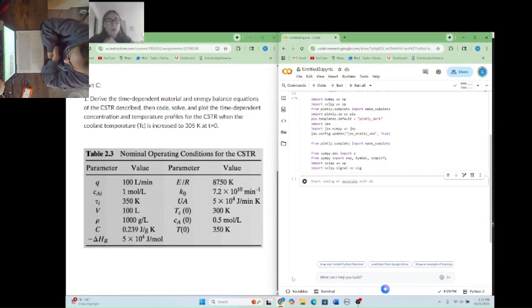Before we get to the coding portion of part C, I wanted to talk about our change in concentration equation that I did. So in the change in concentration equation, it was the change in concentration over the change in time equals our flow rate divided by our volume. And then this is the part where I made a mistake.